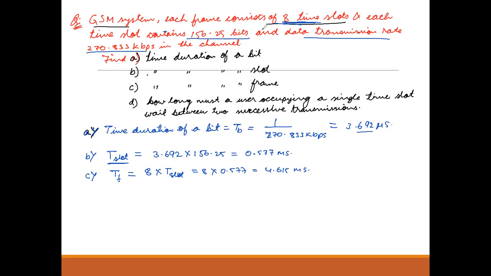Okay, and next we have to find out. So एक frame का जो timing है वो ये लग रहा है 4.615. So the next part is, how long must a user occupying a single time slot wait between two successive transmissions.